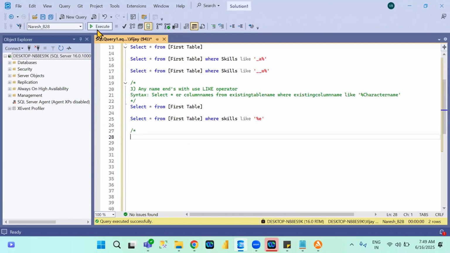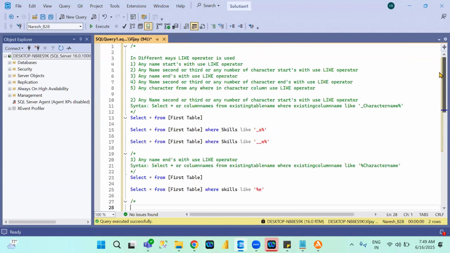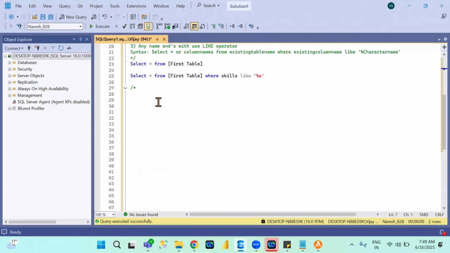Next one. Write with multiple examples. You know that one. Okay. Next one, you know, right? How to write this one?